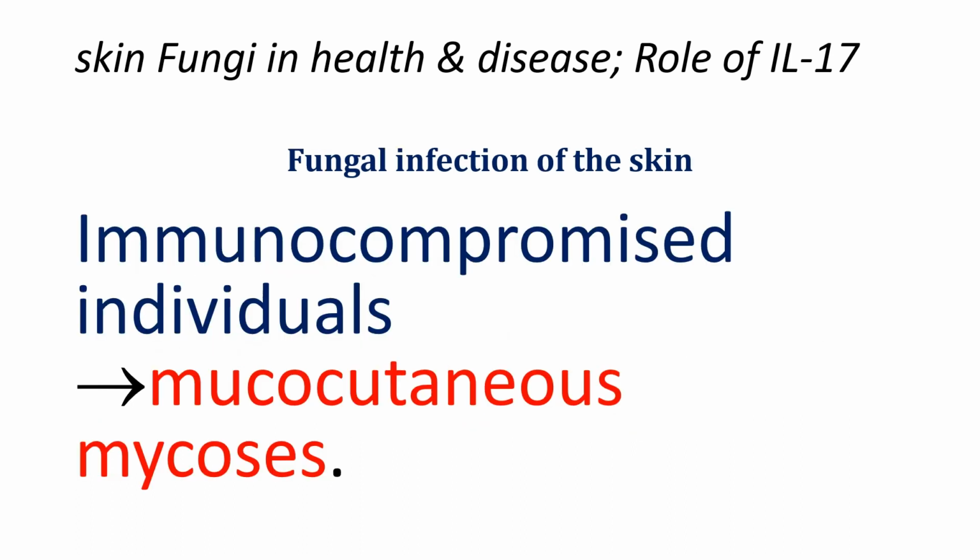Individuals with an immature immune system, like children, and also the elderly with compromised immune defenses, and immunocompromised individuals such as transplant recipients, cancer patients, and those with HIV infections are typically more susceptible to the development of mucocutaneous mycosis. They are also vulnerable to a wider spectrum of fungal pathogens, and this highlights the key role of the immune system in preventing excessive fungal growth and tissue invasion.